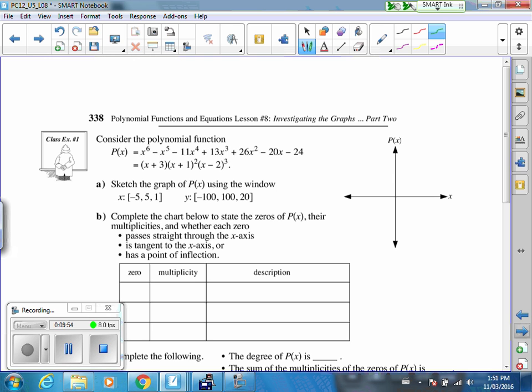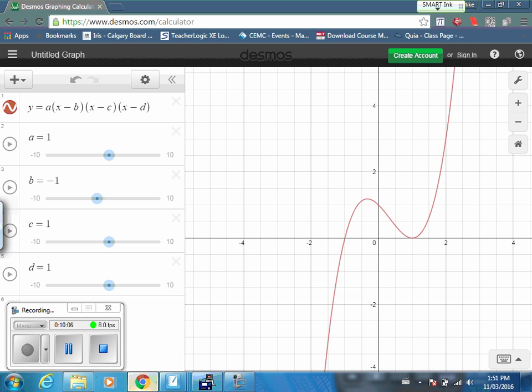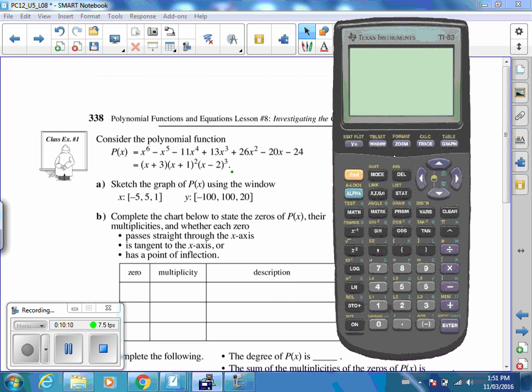So if I graph this thing, I'm going to see this. I'll do it on your calculator. We'll make it look like the ones that you guys get to see. Although you can use Desmos, just not on tests. But I'm going to put this thing in its factored form.